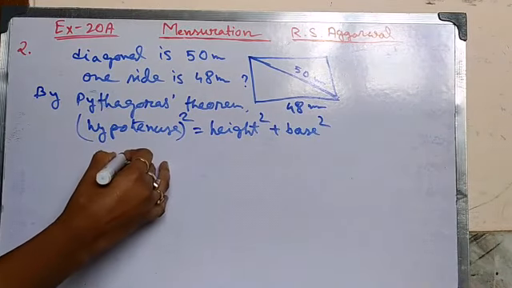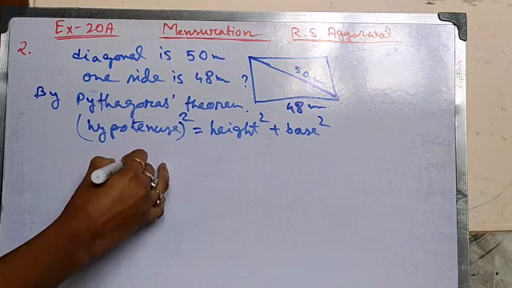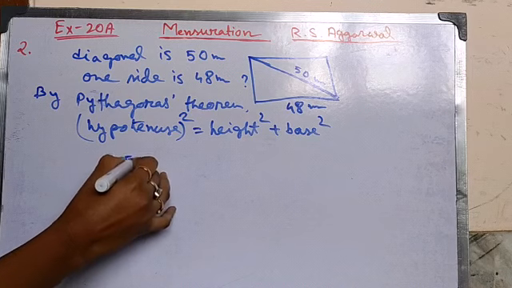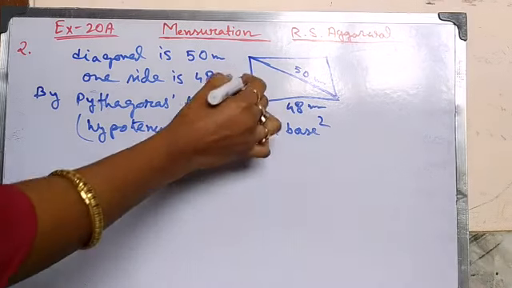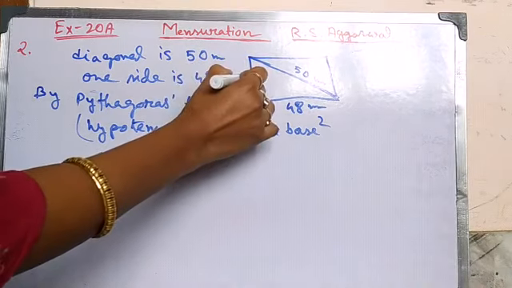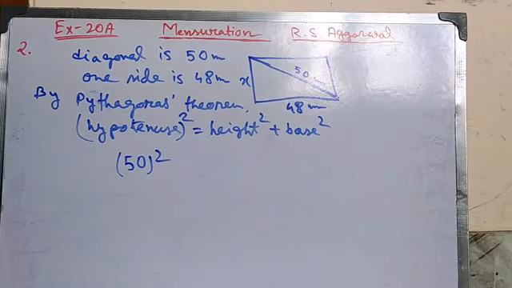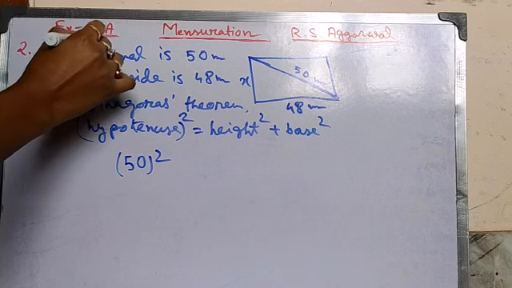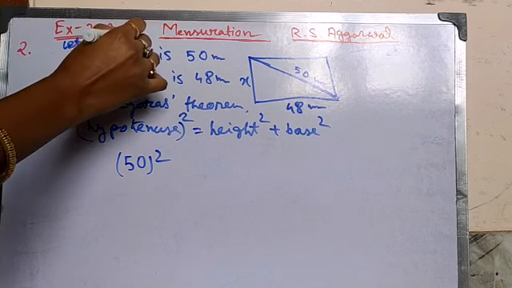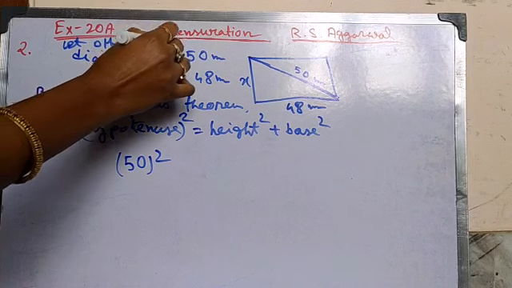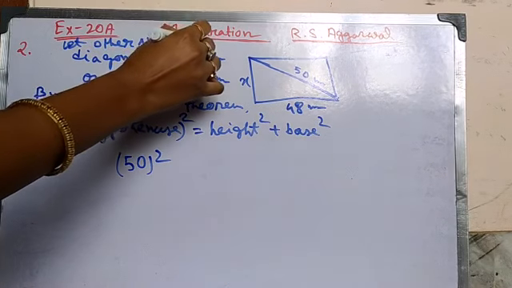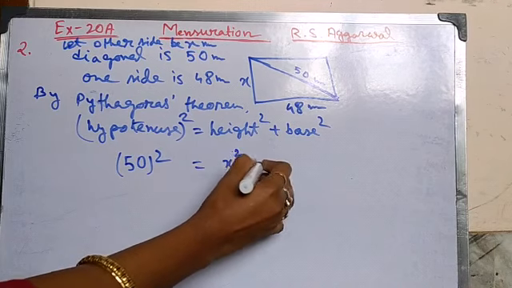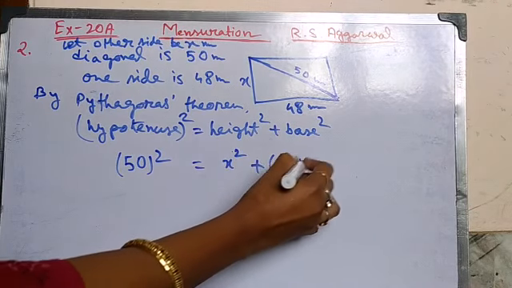So here hypotenuse square, that is 50 square, and the other side I am taking as x. Let the other side be x meter. So this is x square plus 48 square.